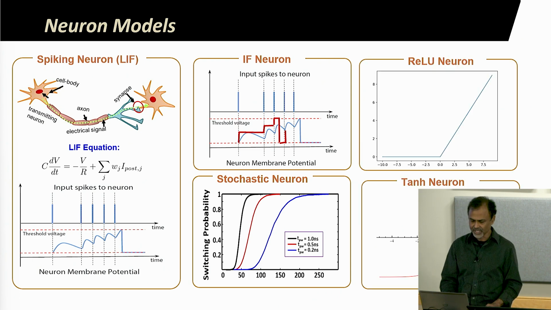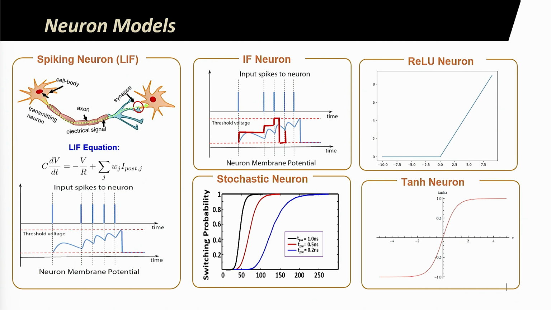Now, today's standard deep learning does make several approximations. While they are certainly biologically inspired, or weakly inspired, by the neurons of the brain, here I'm showing the approximations that they have made. In fact, I'm showing a ReLU neuron, which is a rectified linear unit.